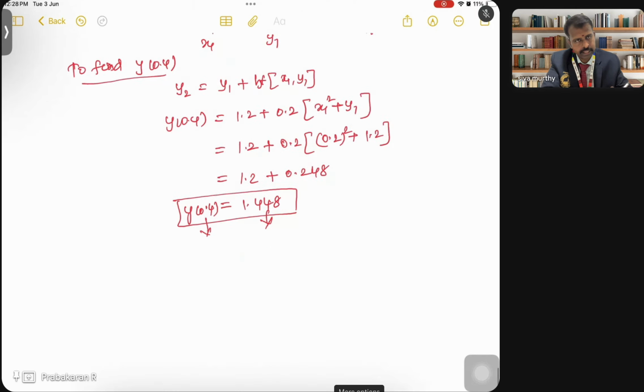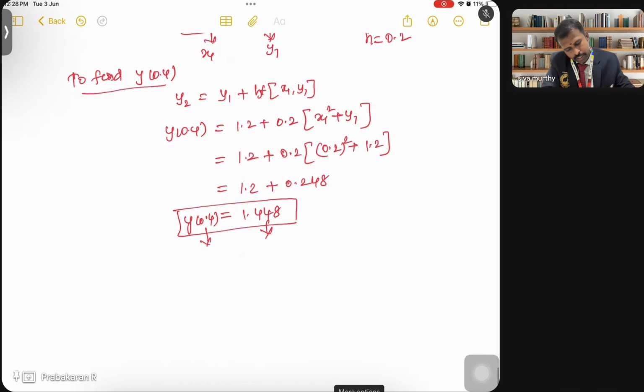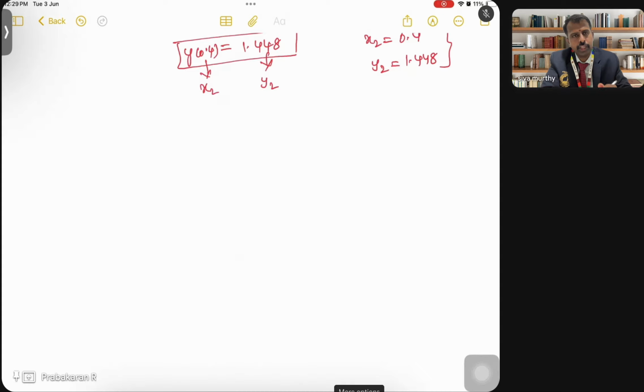This is the second stage. So this is our x2 and y2, right? So therefore our x2 is 0.4 and y2 equal to 1.448, that is the second values. Then next to find the third subdivision, to find y of 0.6.